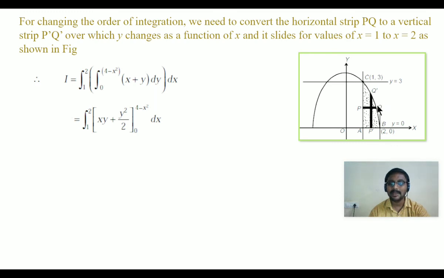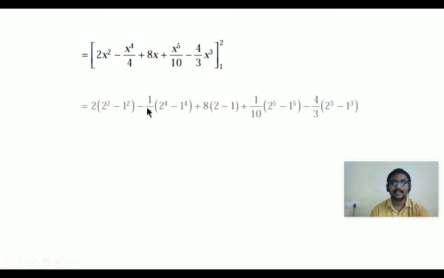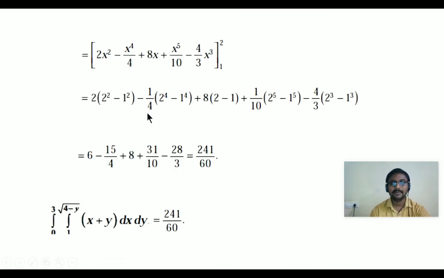To get the new limits, we draw the new strip, P dash Q dash, in the same closed region where the old strip was drawn. Then we change the limits and apply the integration. The double integration sum changes to a single integration, and evaluating and solving it, we get the required constant value. So easily we can change the order of integration of the double integral.